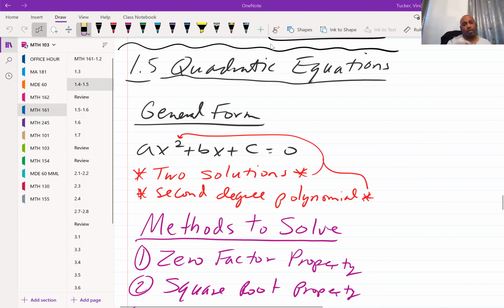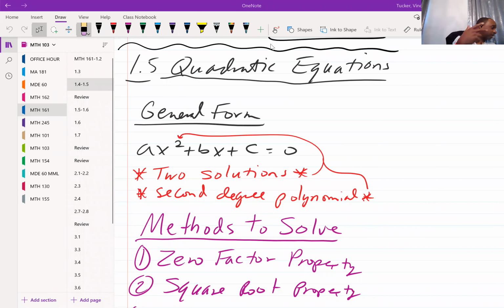Our general form of a quadratic equation is ax squared plus bx plus c equal to 0. In problems that we dealt with up to this point, we were getting one solution. We had linear equations. Now we're looking to get two solutions. We have a second degree polynomial.